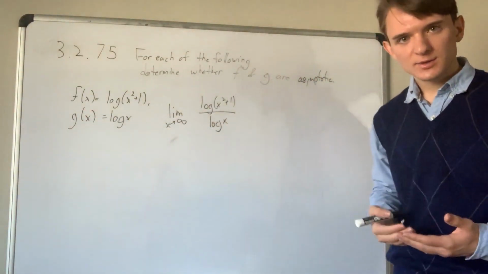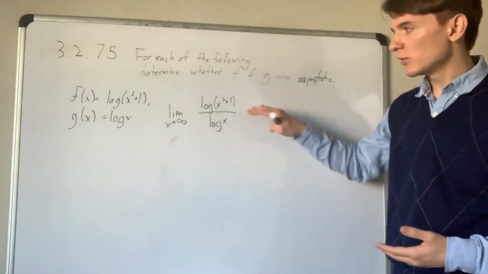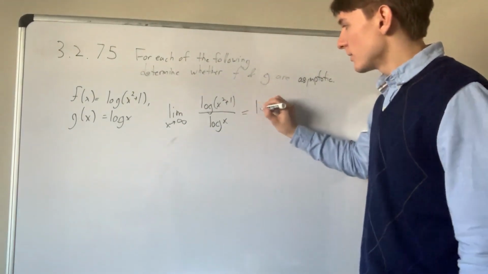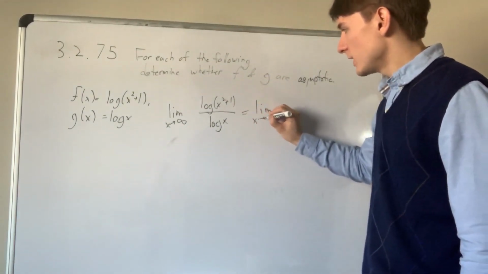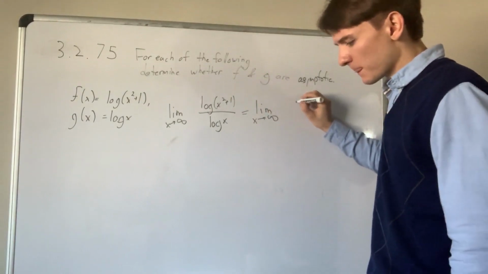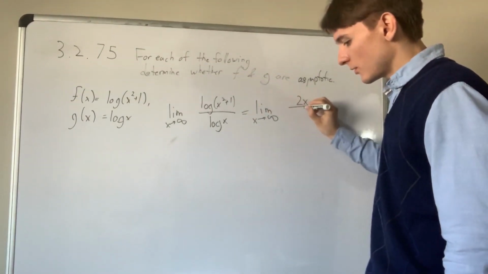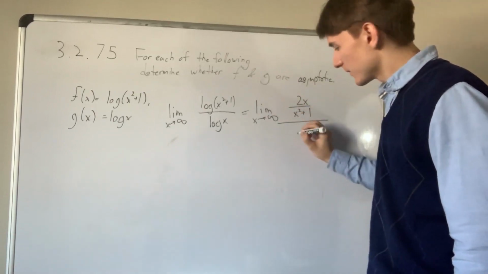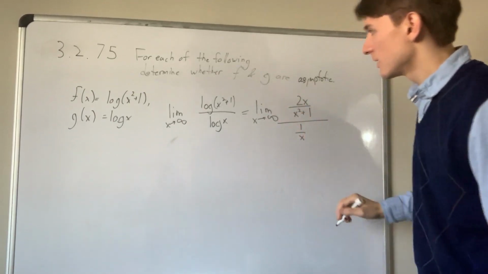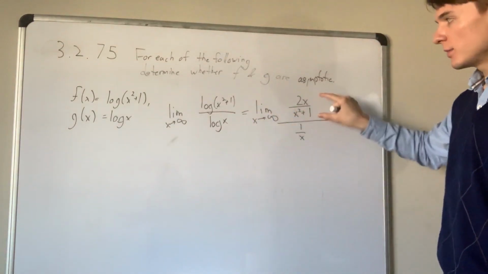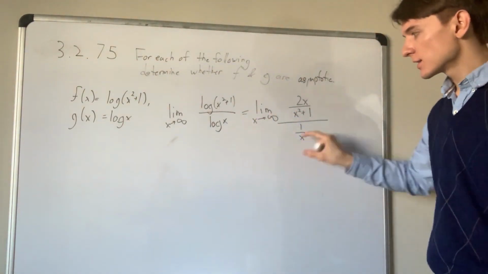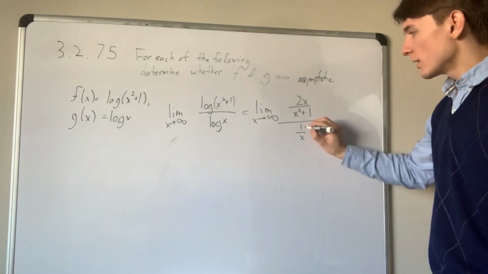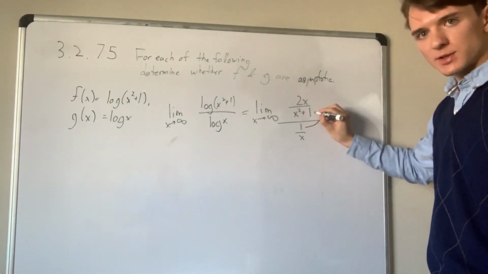We can't do anything with it, so let's apply L'Hopital's rule to the numerator and the denominator. So take the derivatives. This is equal to the limit, x going to infinity, of 2x all over x squared plus 1 divided by 1 over x. The log of x squared plus 1 becomes this up here, and the log of x becomes 1 over x. From here, we just do some algebra. This 1 could multiply x squared plus 1.